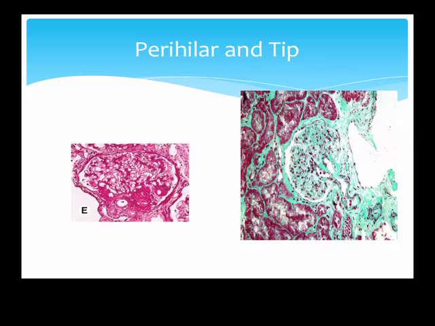This picture shows 2 other types. One, the perihilar type, where the sclerotic change is right around the hilus of the glomerulus, and the one on the right-hand side shows evidence of sclerotic change at the tip of the glomerulus opposite the hilum.